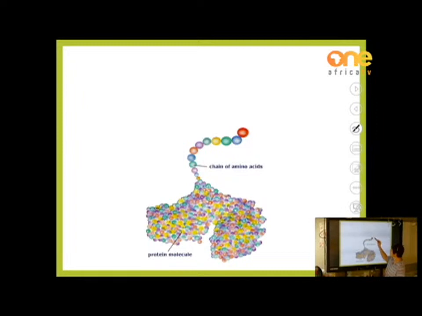So, we have a sequence of amino acids to be connected by a peptide bond to one another, and eventually it forms a polypeptide. The polypeptide is folded and bonded together to make a protein molecule.